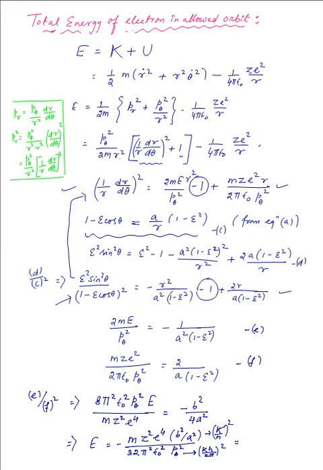So finally we have the expression to be almost completely similar to m z square e to the power 4 divided by 8 epsilon naught squared h squared, and to multiply to that we have 1 by n square. So this is exactly the same as that obtained for Bohr's circular orbit.